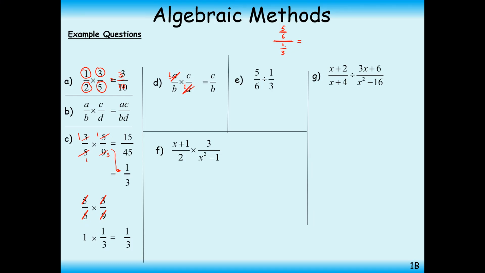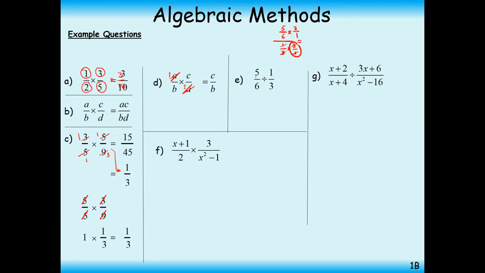I can get rid of the denominator by multiplying it by 3 over 1. That would make every term in the denominator a 1. So what I do to the denominator, I have to do to the numerator. So I'll have to multiply the numerator by the reciprocal of the denominator.